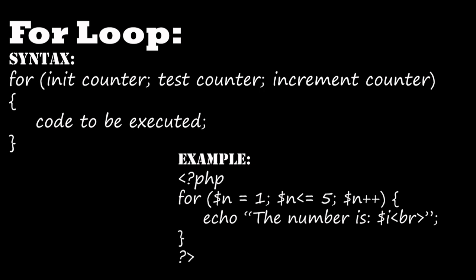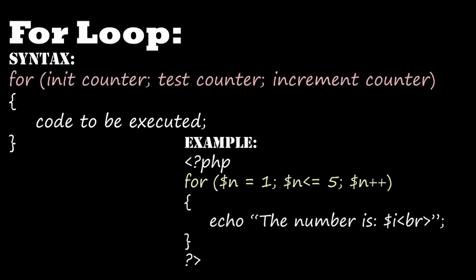Understood? First we have given n is equal to 1, right? It will process and check whether n is less than or equal to 5. If the number is 1, it will execute the code. Then if the number is 2, again it will check whether the number is less than or equal to 5, and again it will execute.